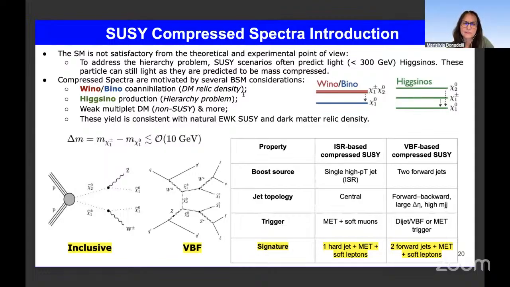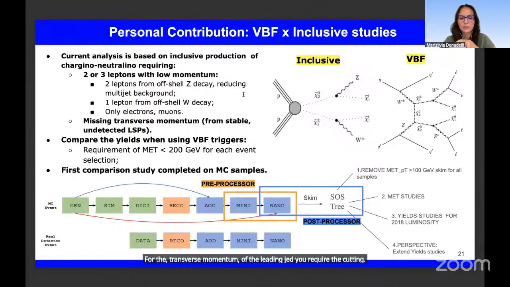In terms of VBF selection, since you are probing this very extreme phase space, if I am not mistaken, we can check this in the next slides, for the transverse momentum of the leading jet you required a cut of 100 GeV, right?